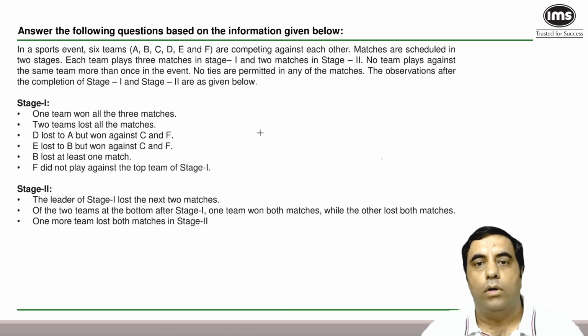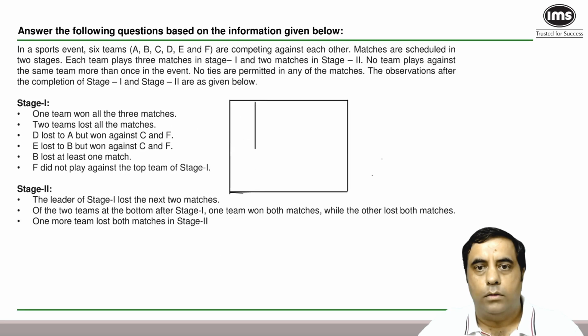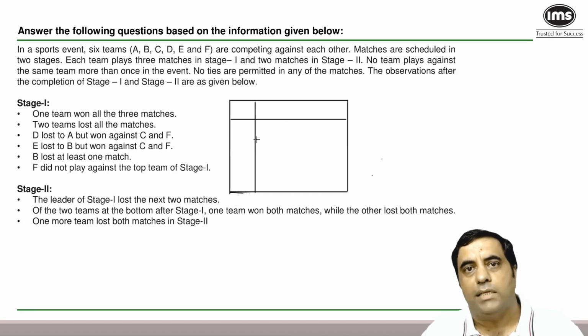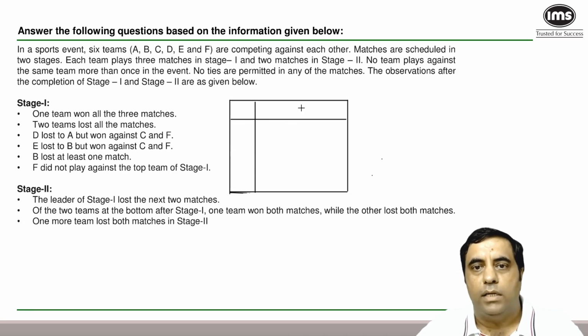So let's make the table, wherein I'll be writing the 6 teams in one column and the matches that they win and lose, making these 2 separate things. Let's make it like this.